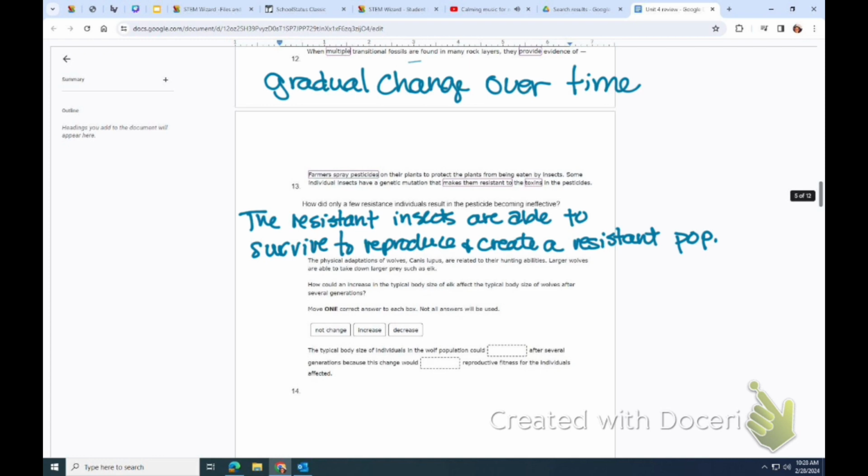I'm just going to use an arrow. Y'all write the word increase. After several generations, because the change would what? Next box. It would increase. Yeah. So their bodies got bigger so that they could hunt better, so that they could survive better, so that they could have reproductive fitness. So both of these boxes are increase.